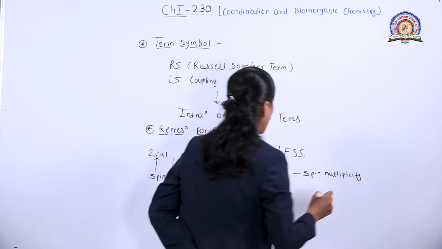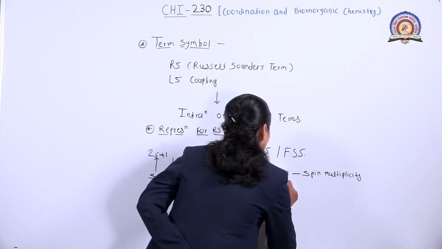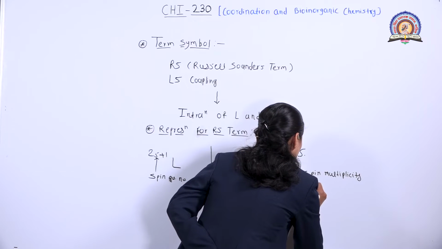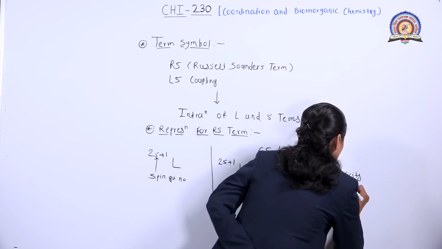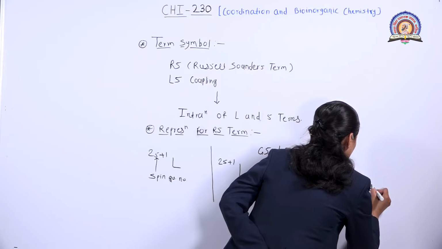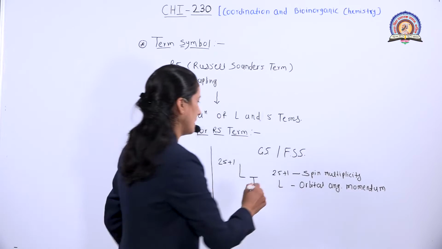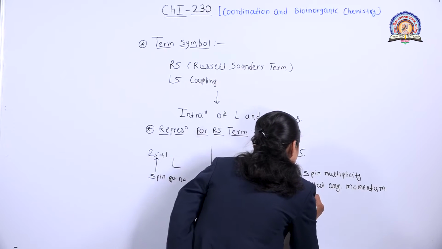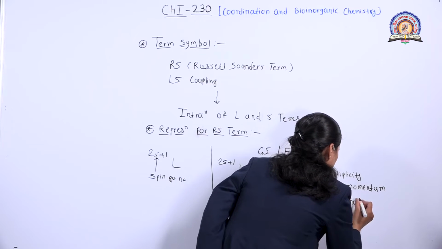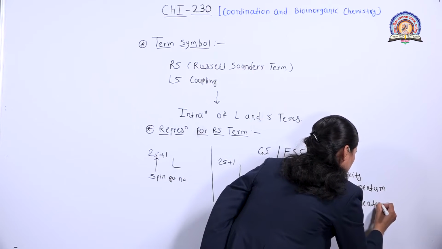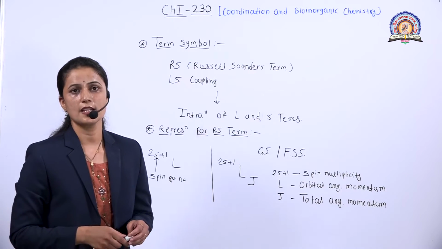This L is orbital angular momentum, while this J is total angular momentum. So this is the representation or formula to calculate RS term or GS term.